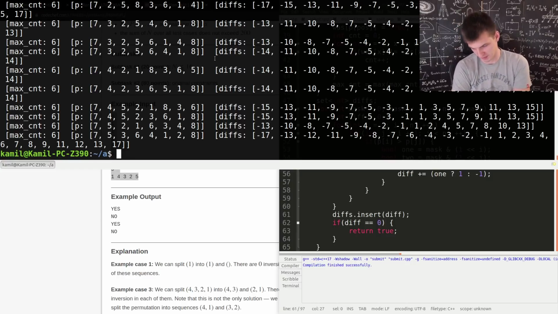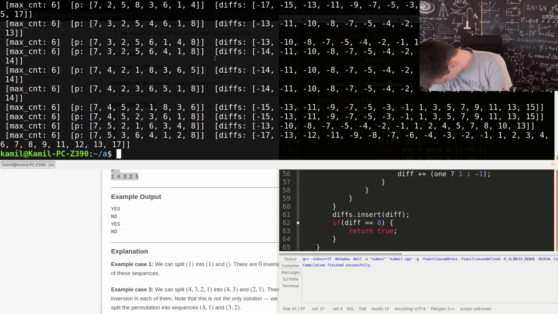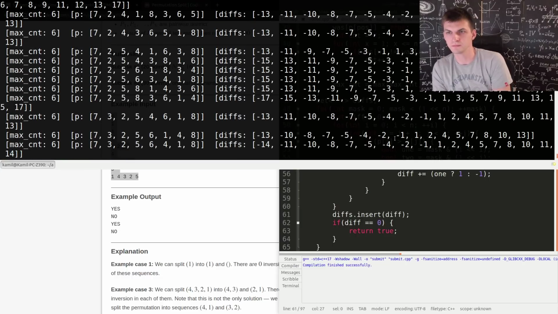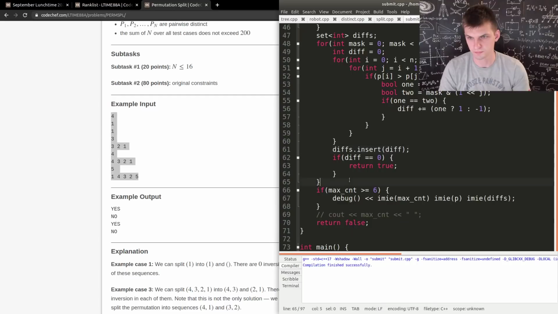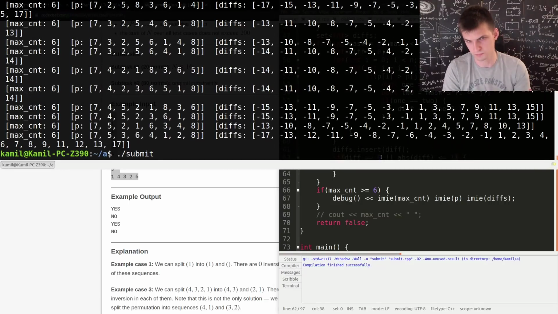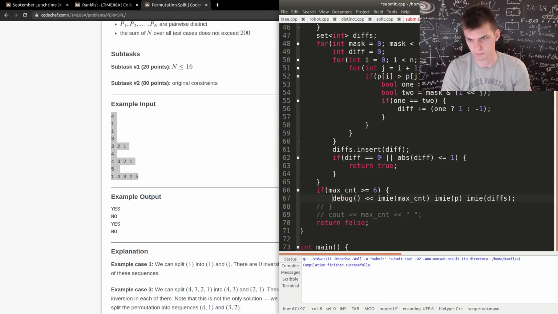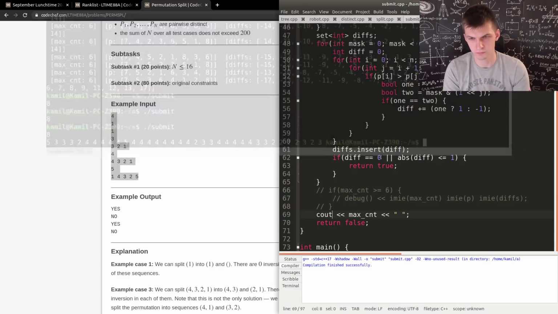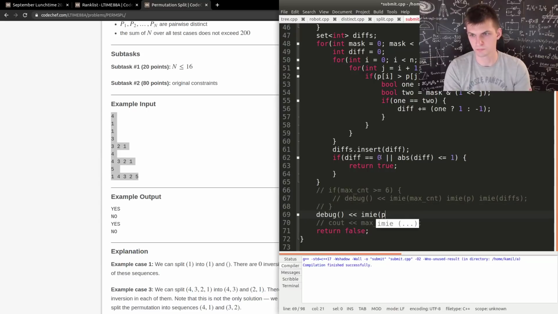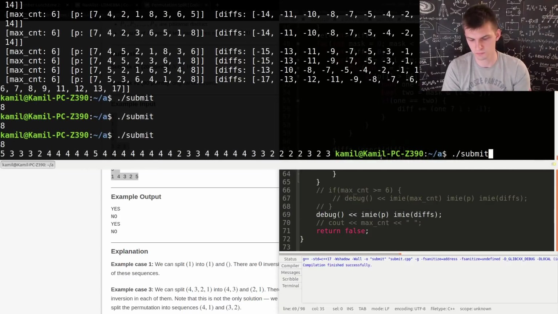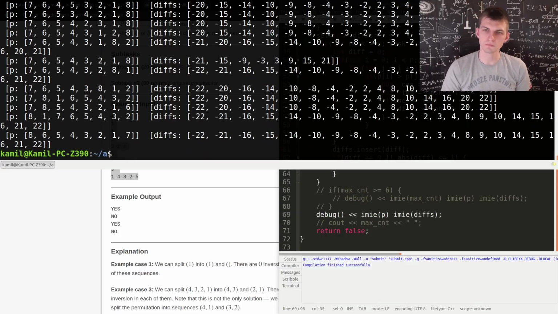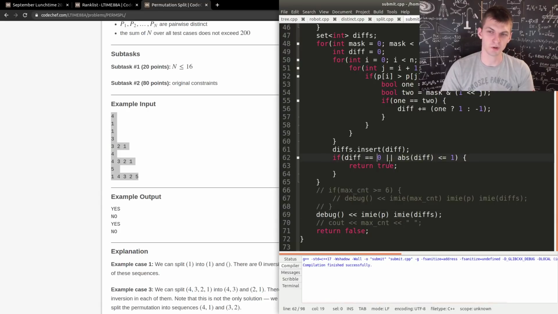Another wrong idea. I wanted to check that maybe often it's possible to get difference 0 or difference 1.